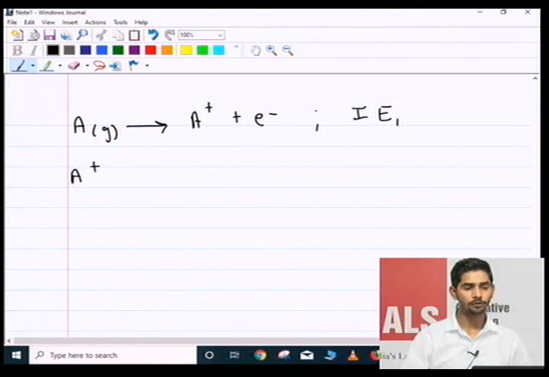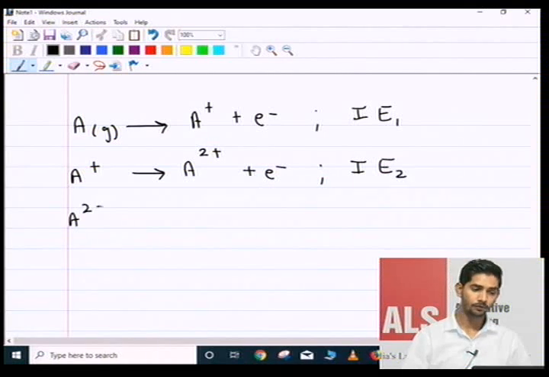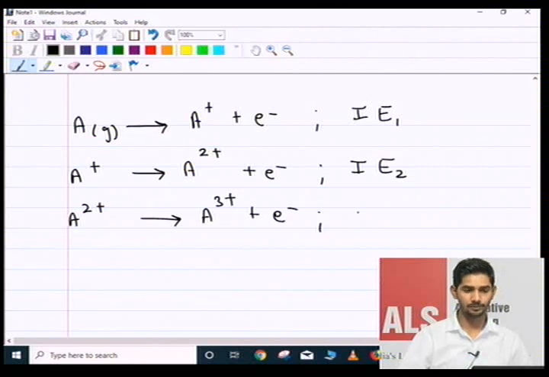I am removing one more electron from it, and after removing that, it will develop a +2 charge. This is known as your ionization enthalpy 2. I am removing one more electron. Obviously, it will develop one more positive charge, so it will be A3+, and this is your ionization energy 3.